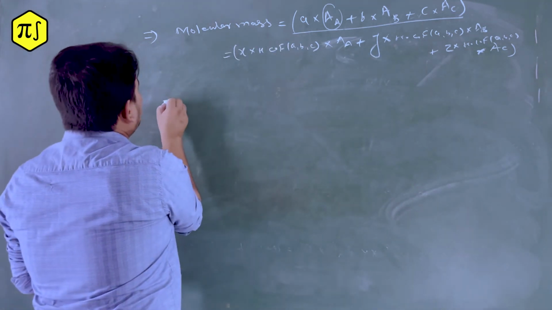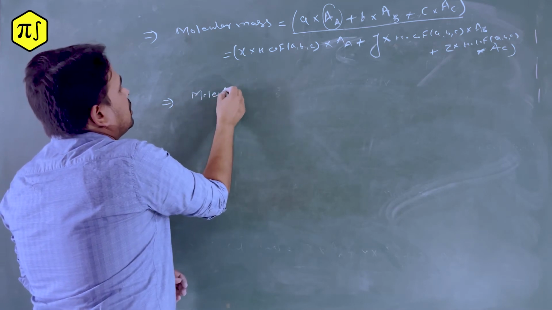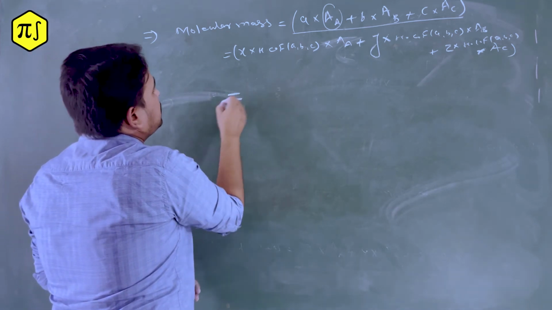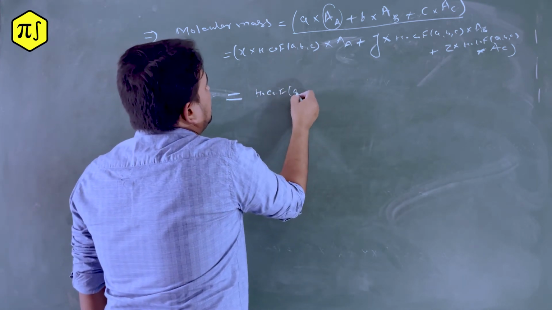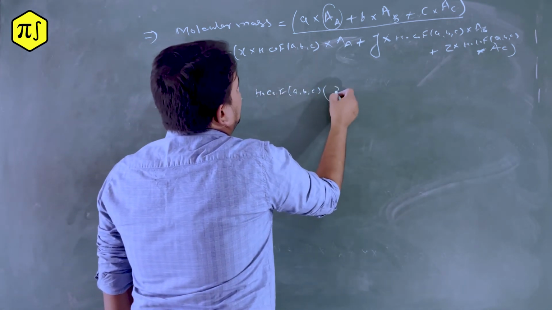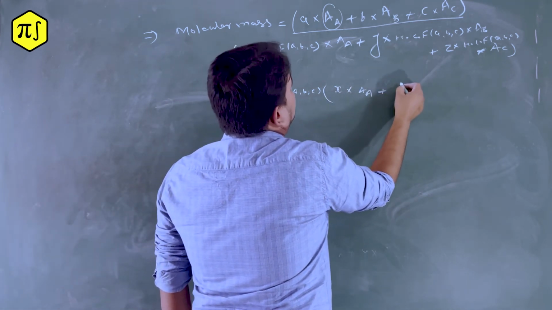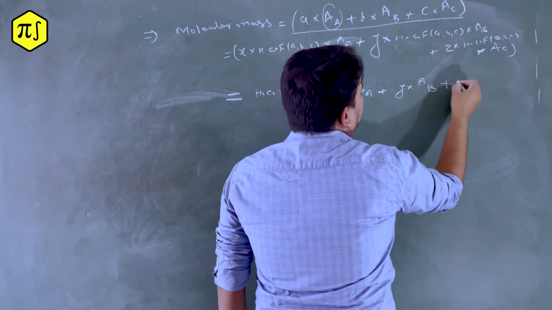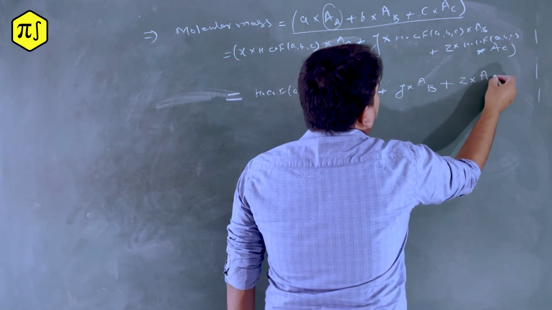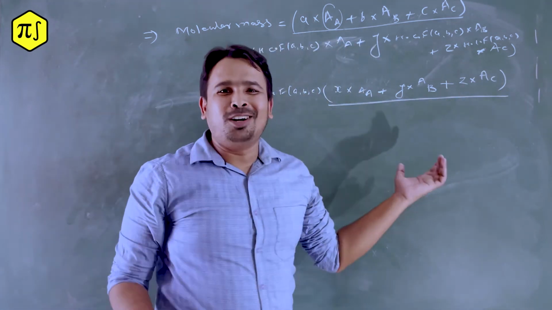So guys, now the molecular mass. Now see here, HCF is common. So HCF of a, b, c into X into AA plus Y into AB plus Z into AC. What did you get here?